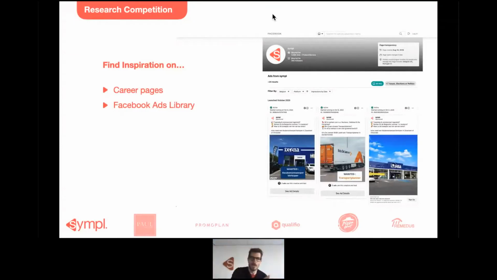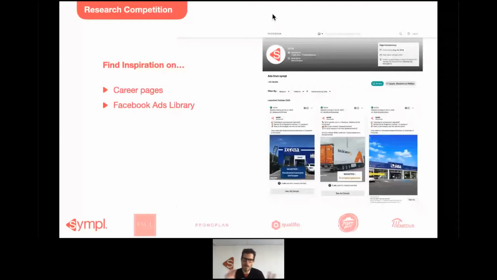I saw McKinsey being mentioned. Maybe McKinsey is also looking for engineers. So keep in mind that you have to get a broad scope of what your competition might be, because the Facebook bidding model, i.e. how the pricing is set, is dependent on not just who your direct competition is as a company, but actually everybody who's looking for the same kind of candidates. We'll come back to that in a second.